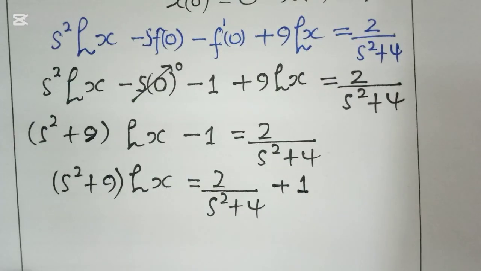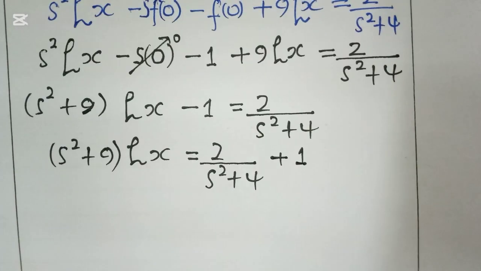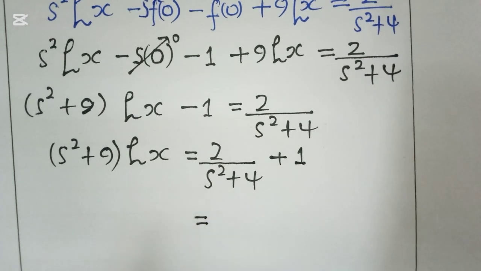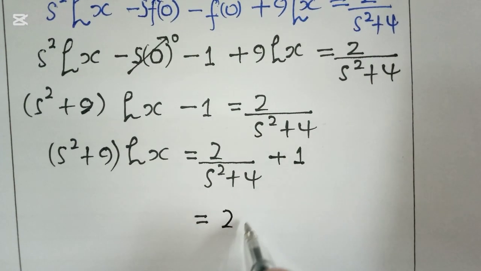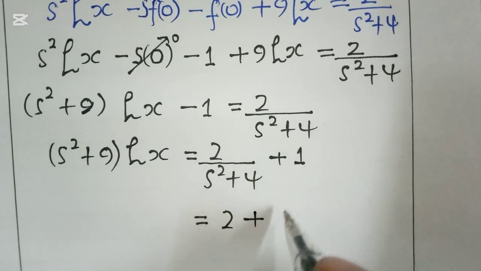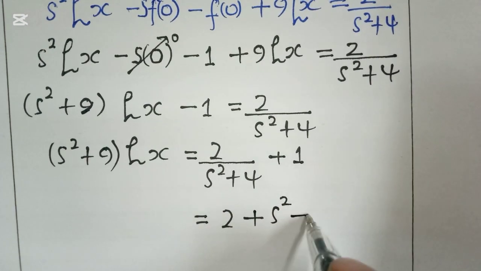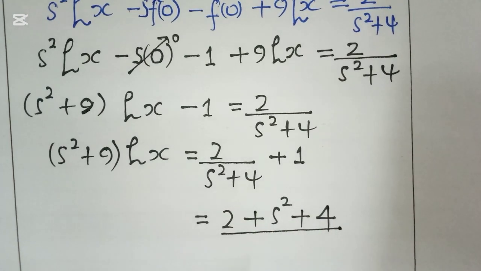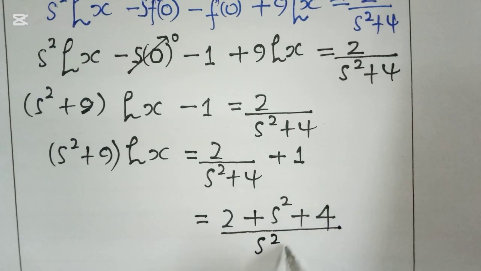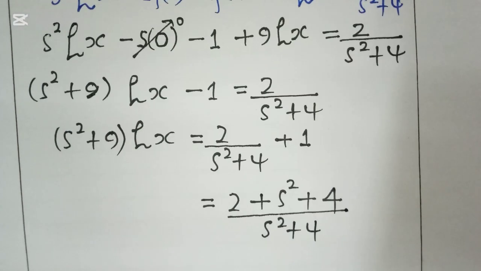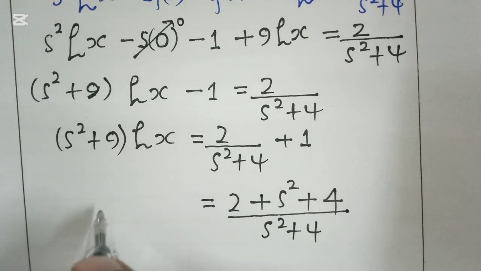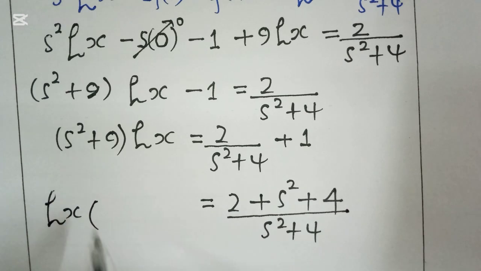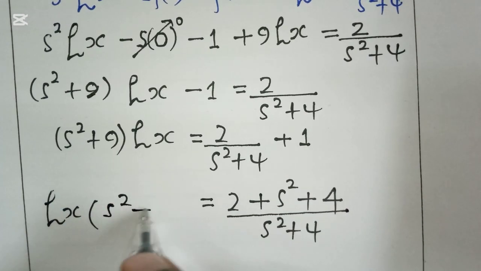So guys, we do that. In doing that, we can put everything at the same denominator. By so doing, we are going to multiply s squared plus 4 by 1. So we shall get 2 plus s squared plus 4, all over s squared plus 4. And on this other side, we have the Laplace transform of x times s squared plus 9.